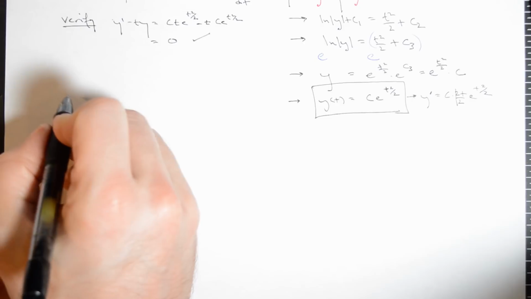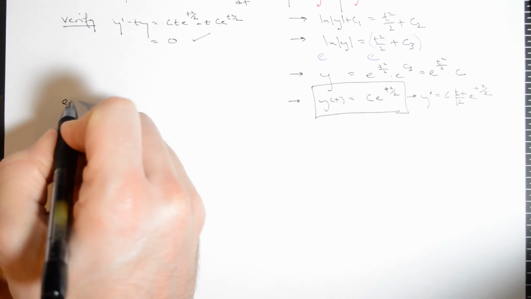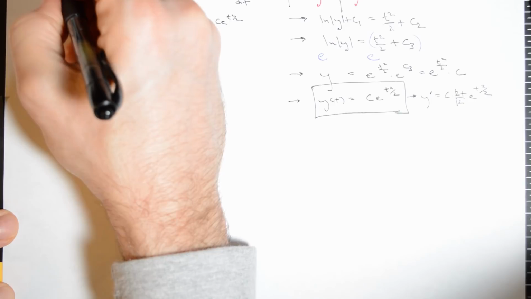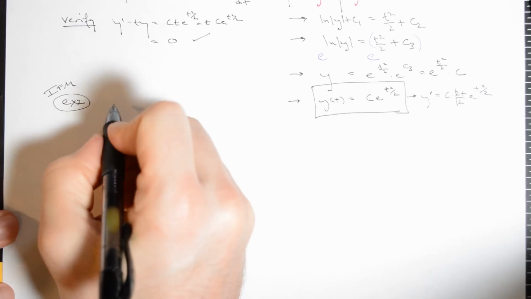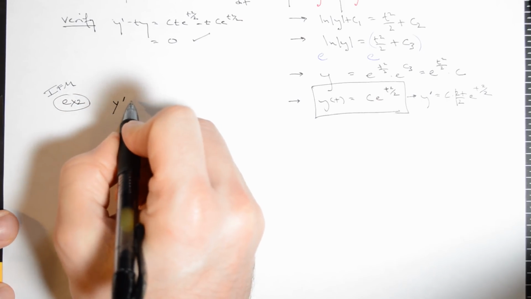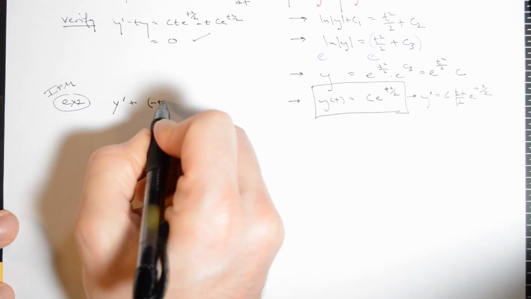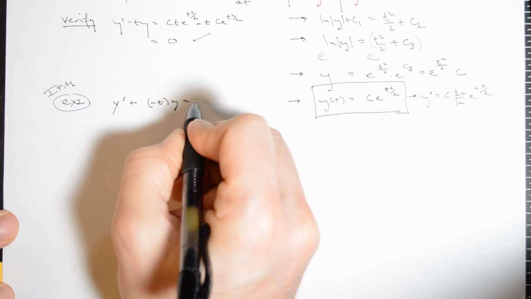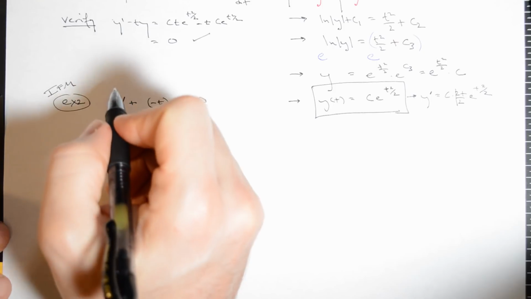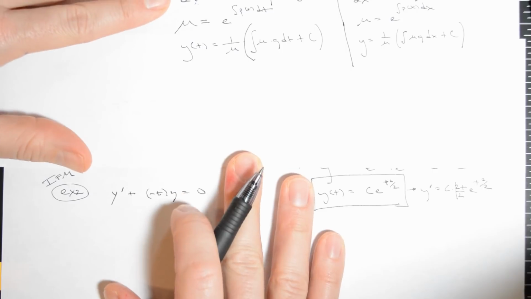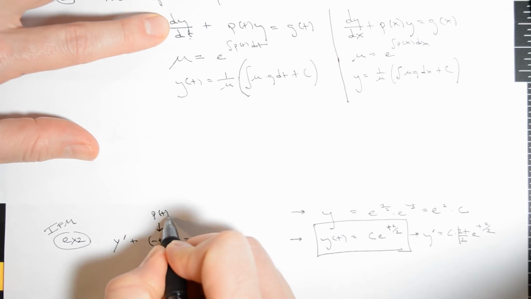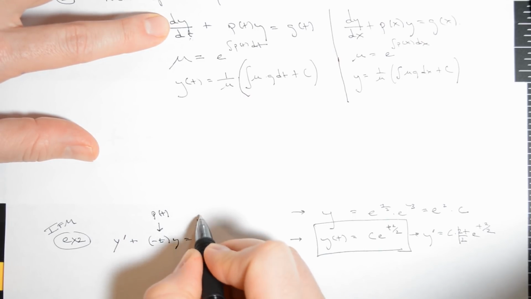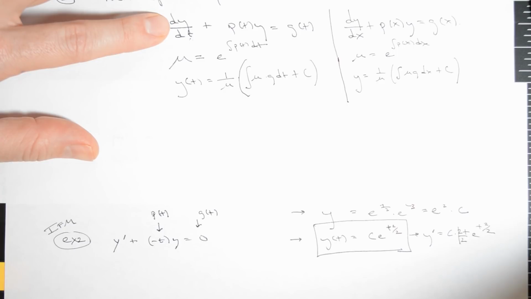Now let's try solving the problem by integrating factor method. So looking at the problem, instead of using separation of variables, let's try using the integrating factor method to do the same problem. If we write this as y prime plus minus t times y equals 0, then comparing that with the integrating factor method, we'll find that we have a minus t term that looks like p of t, and a right-hand side function, g of t, that equals 0.